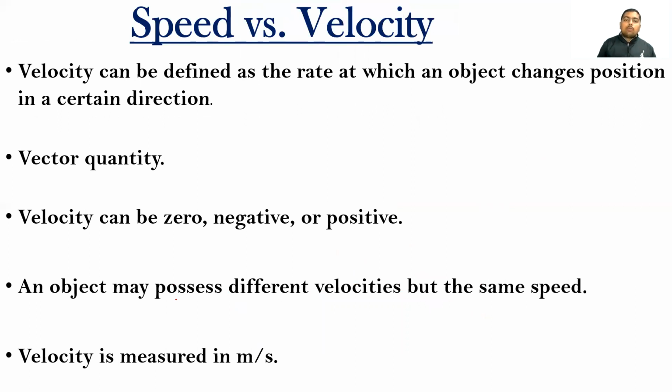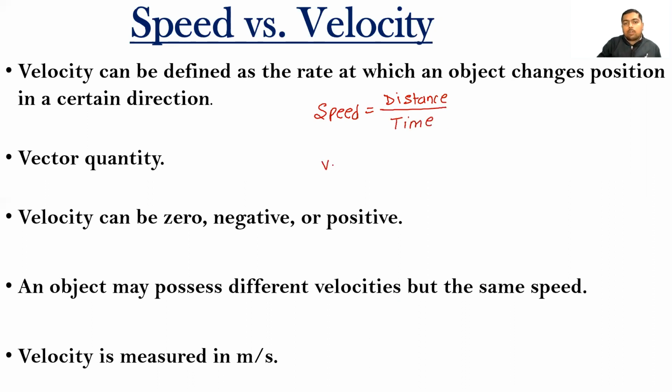Now we are going to talk about speed versus velocity. What is the difference between speed and velocity? Simply from the formula we can define speed. Speed depends on distance, that's why its formula is speed equals distance upon time.